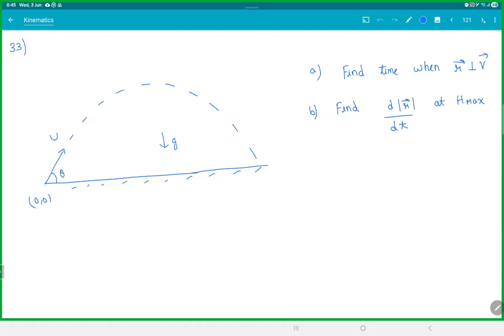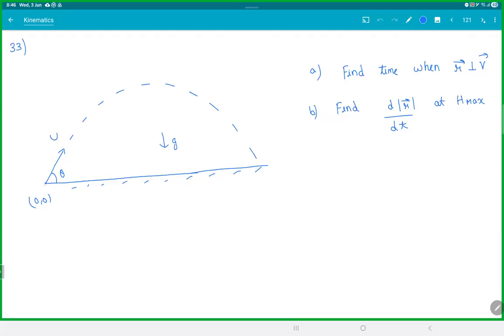Yeah, this is a little more of a variable, so let's see. The moment you hear the words two vectors are perpendicular, the first thing that should come to mind is what?